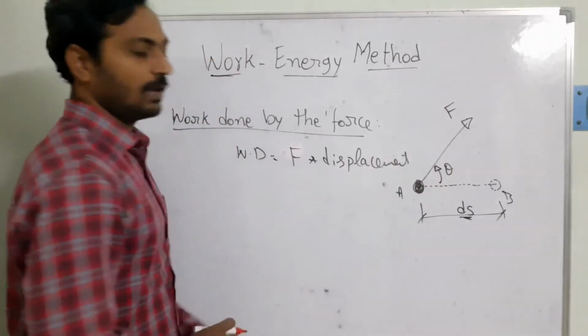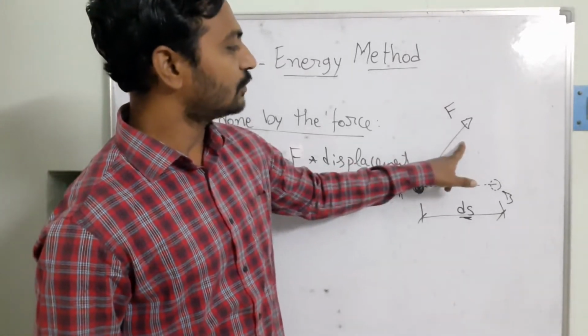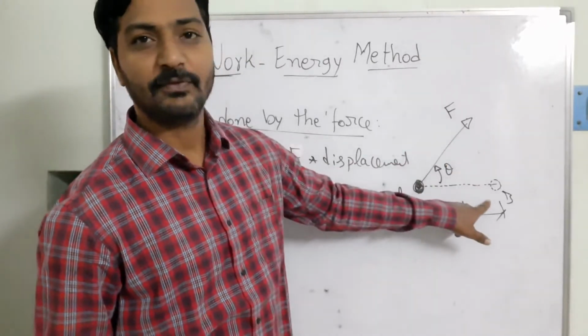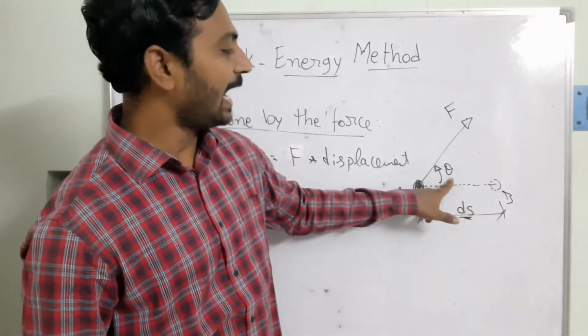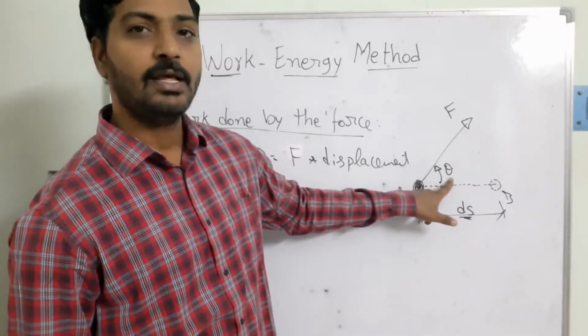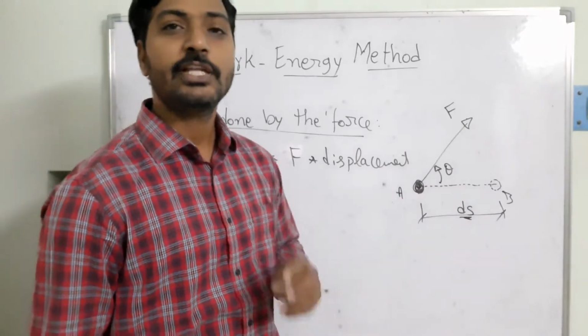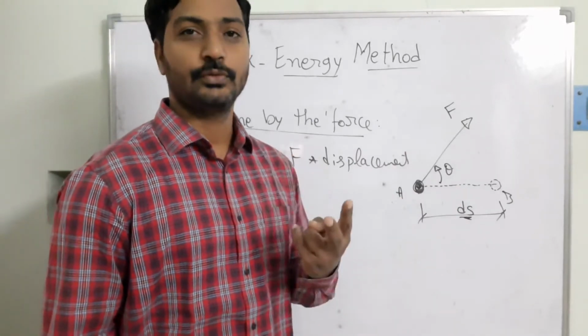Here we need to understand that this applied force is inclined to the displacement vector. It's making an angle of theta, right? When it is inclined to the displacement vector, we need to resolve that force into two.